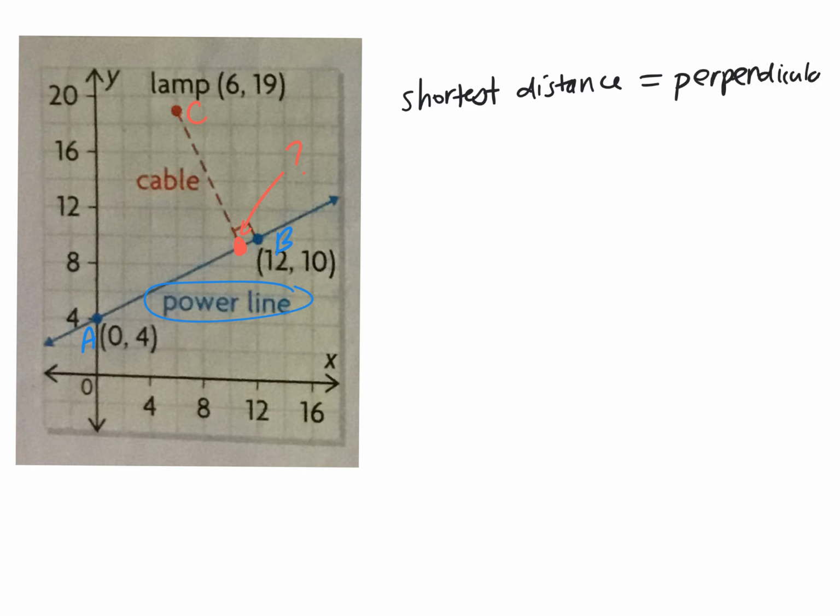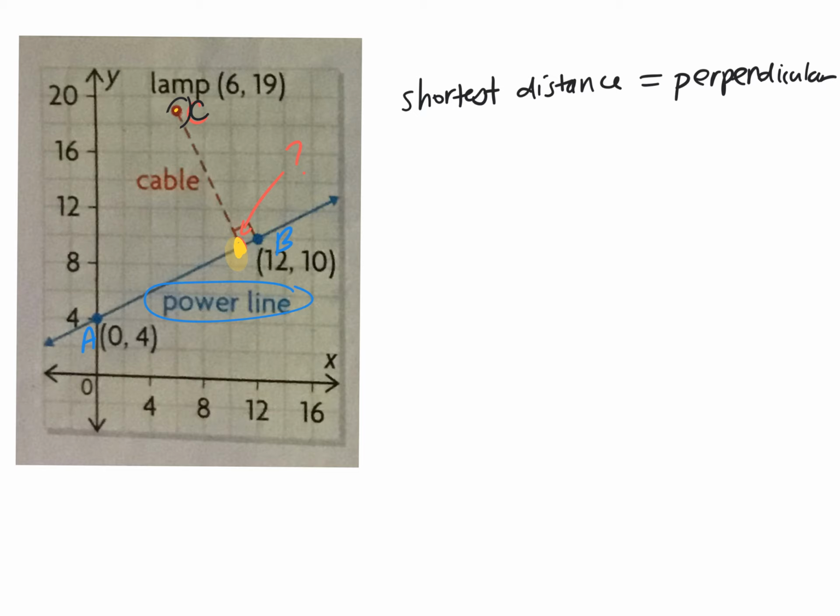So we're actually trying to figure out what point the cable should be connected, and it has to be the point that has the shortest distance from the lamp to the power line. Okay, so if they connected the cable from the lamp all the way to, let's say, here, that's not the shortest distance. They want to connect the cable the shortest distance possible from the whole power line, okay?